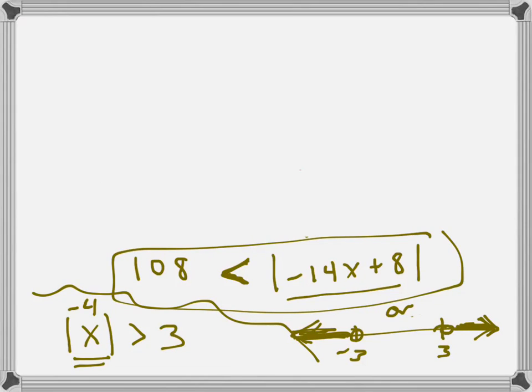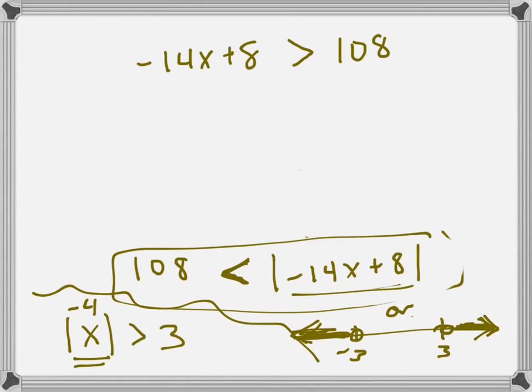Alright, so let's do this problem. Let's take this and we're going to write this two different ways. We're going to write it as negative 14x plus 8 is greater than 108. That's the same thing. I just took off the symbols. Notice that I turned the equation around because I like to write my x's on the left.